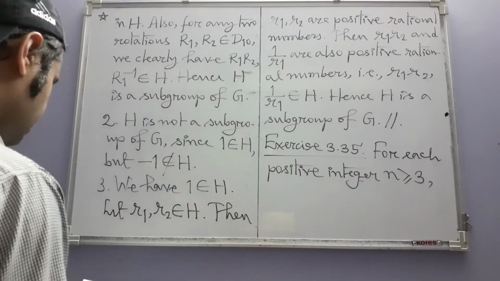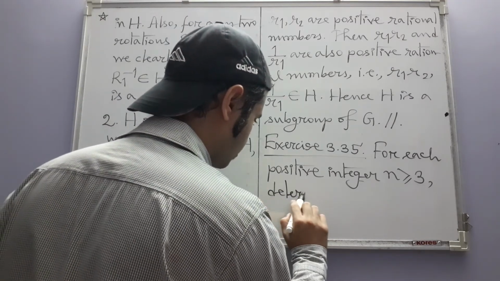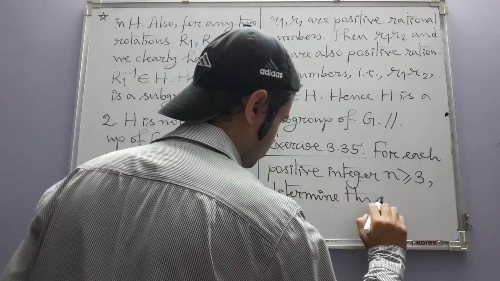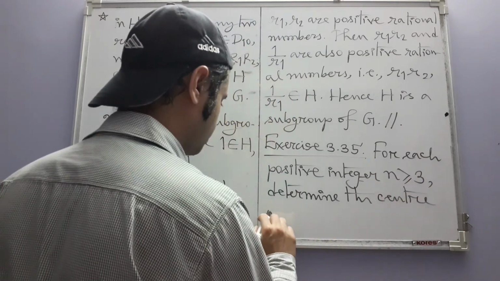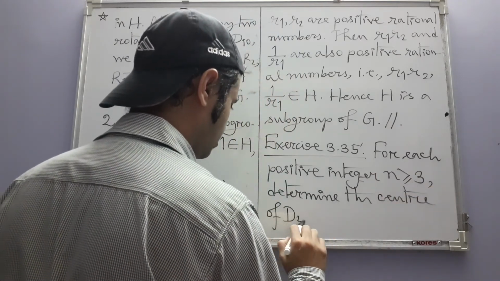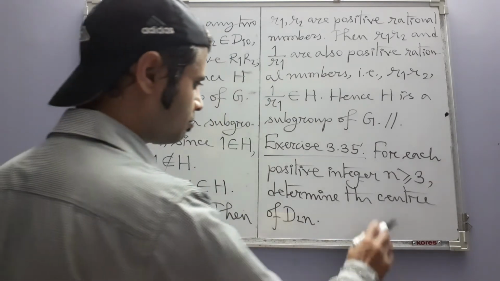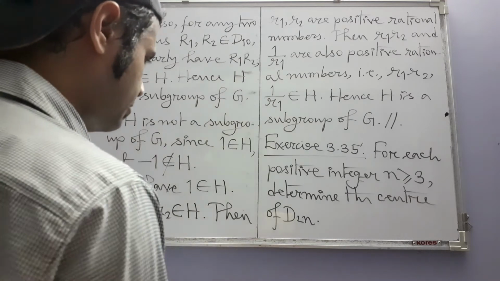determine the center of the dihedral group D2n. British spelling, okay, not American, CENTER.